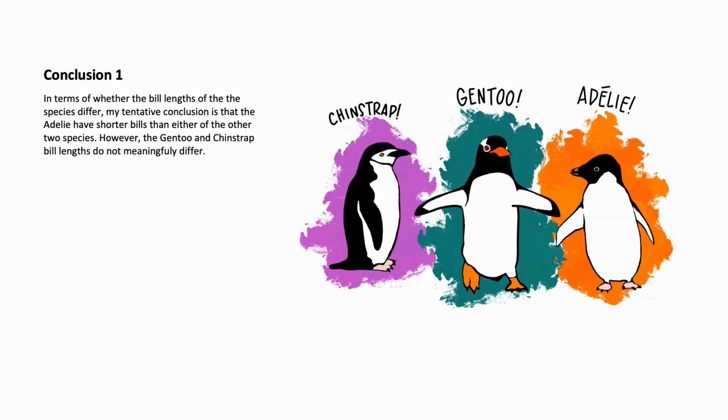So what kind of conclusions can we make? In terms of whether bill lengths of the species differ, my tentative conclusion is that the Adelies do have shorter bills than either of the other two species. However, the Gentoo and the chinstrap bill lengths do not meaningfully differ.